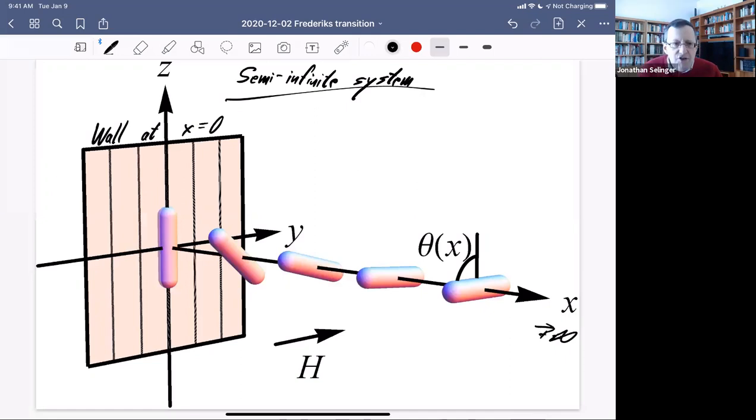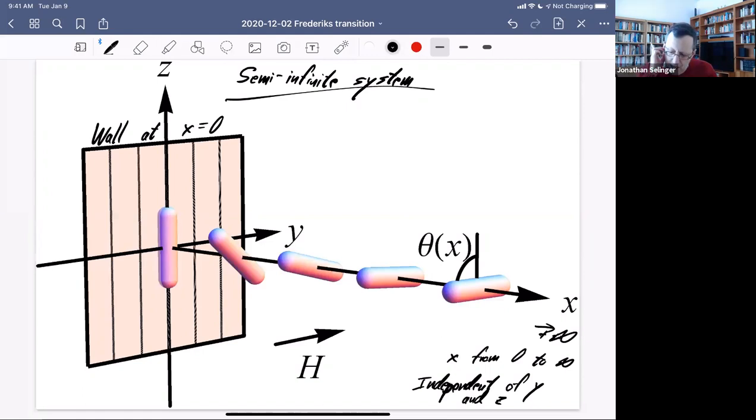So it's semi-infinite in x; x goes from 0 to infinity. And then let's suppose nothing depends on y and z. We'll just make up a geometry that says it's independent of y and z.